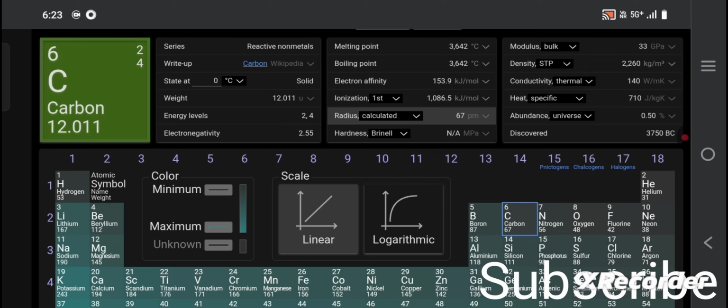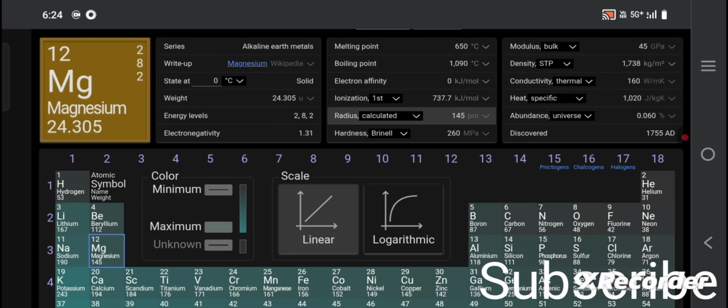Why is it so? When you move along the period, for example, lithium, beryllium, boron, what happens? The nuclear positive charge increases, so the nucleus attracts the electrons towards it more strongly and shrinks the atom.